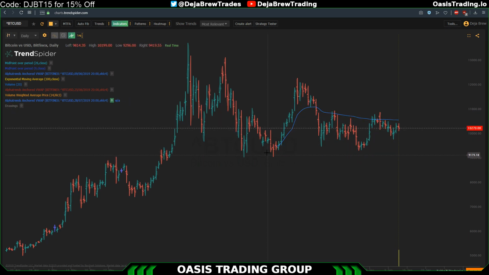If you take the anchored VWAP from this low, you can see that you found support, and then you finally broke downward, and then it turned into a resistance. So until the price gets back above this 10.6 anchored VWAP, your average trader is going to be underwater if they started trading from this low.